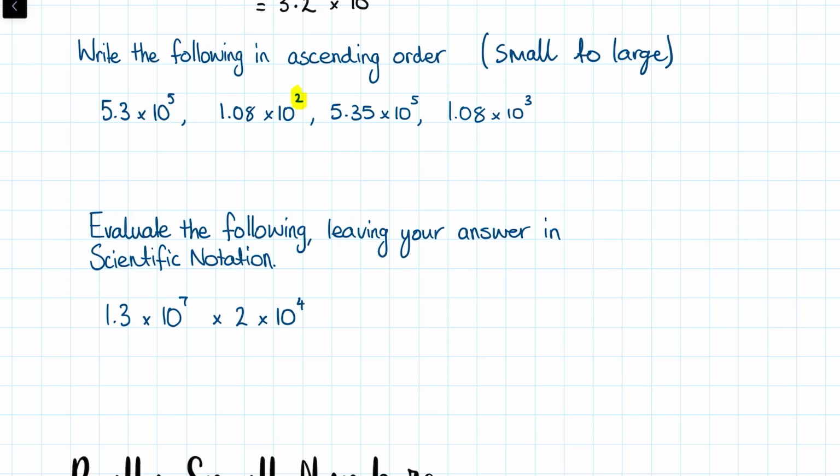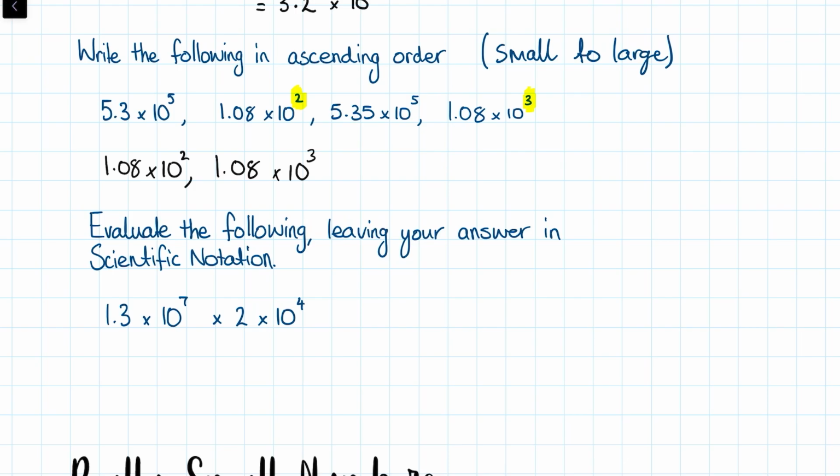I can see 10 to the power of 2 is the smallest power. So it is going to be my smallest number. So 1.08 times 10 to the power of 2. What's my next smallest? 10 to the power of 3. So then it's going to be 1.08 times 10 to the power of 3.